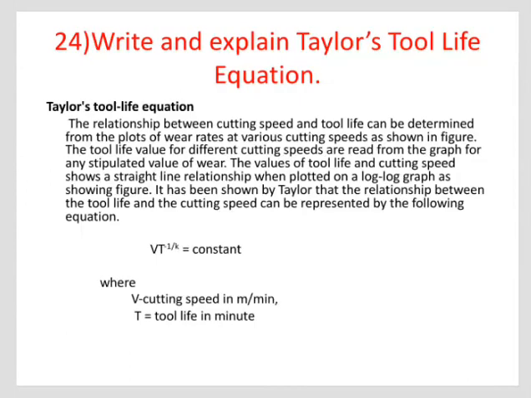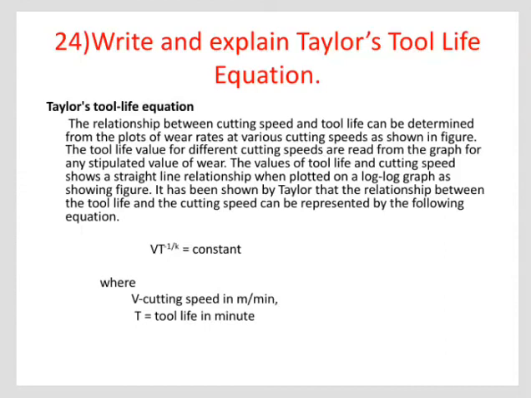Next question is, write and explain the Taylor's tool life equation. The relationship between cutting speed and tool life can be determined from the plots of wear rates at various cutting speeds as shown in the below equation. The tool life values at different cutting speeds are read from the graph.